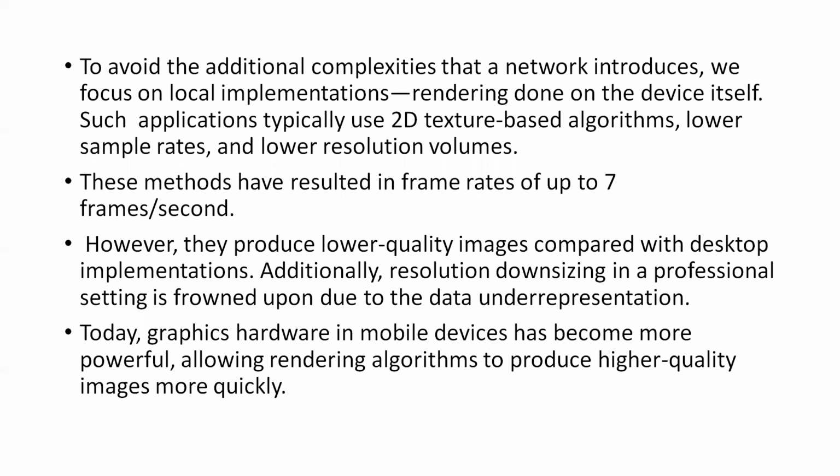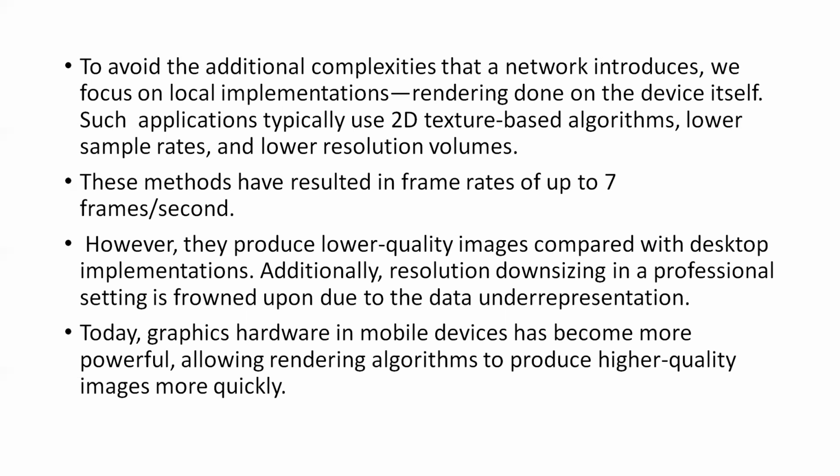For example, a black and white picture is nowadays converted into a color picture on the phone itself, in apps and so on. All of this uses image processing techniques and matrix operations, changing the pixel size and the frames to fit at that moment. By that, raising or lowering the brightness is also done. However, they produce lower quality images compared with desktop implementations.